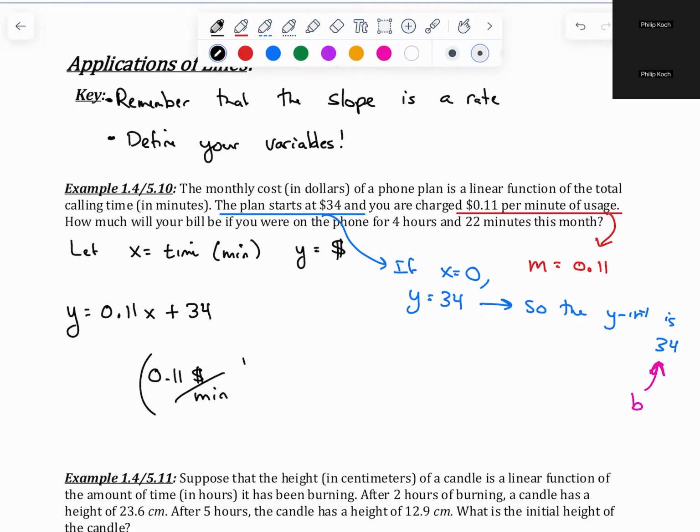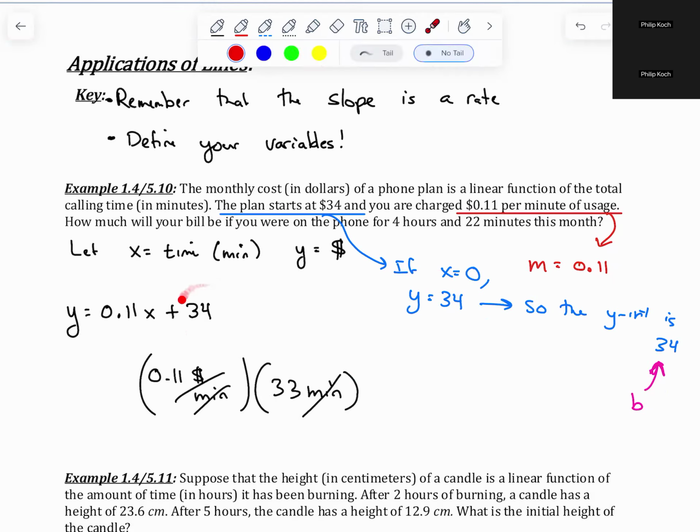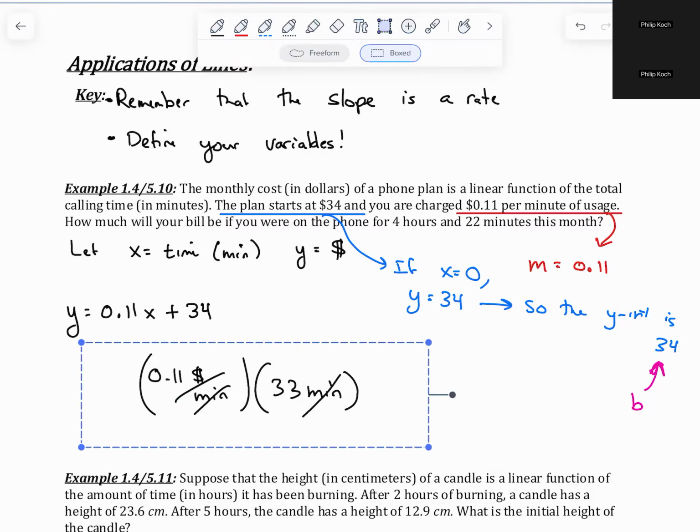If I multiply that by, let's say, 33 minutes, you'd notice that the minutes would cancel and we'd only have dollars. And we'd be able to add those dollars to the dollars that are already present, the $34. So our answer will make sense. If it had been 0.11 minutes per dollar, this formula would not have worked because then the minutes wouldn't be able to cancel. So we've got the right setup.